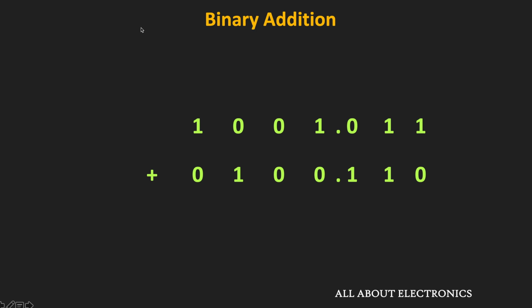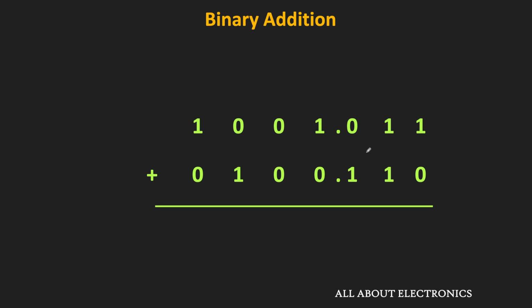Alright, now similarly, let us see how to add two binary fractional numbers. The addition of two binary fractional numbers is also very similar. For the addition of binary fractional numbers, the binary points of the two numbers are placed one below the other. And then after, the same binary rules are followed.